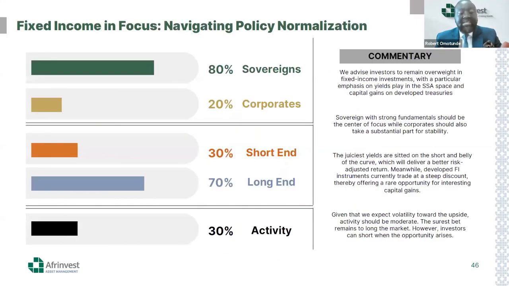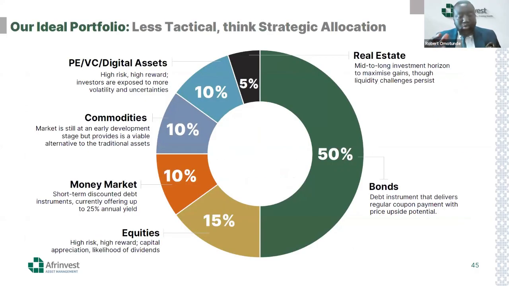Then timing can never be overemphasized. We're at a period now where we think that global inflation is easing across the board. We still have pockets of pressure here and there, but we think that overall the inflationary pressure that the market has experienced over the last 2 years is now beginning to moderate, as we have seen happen in the European countries.